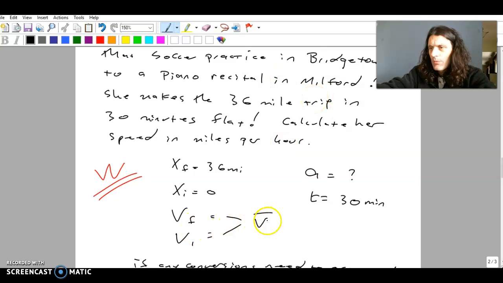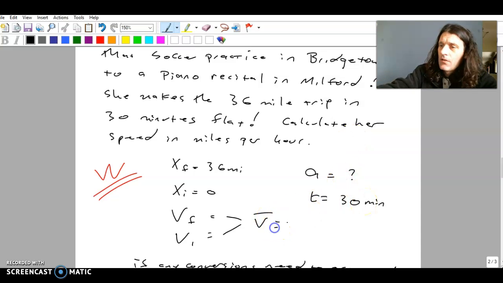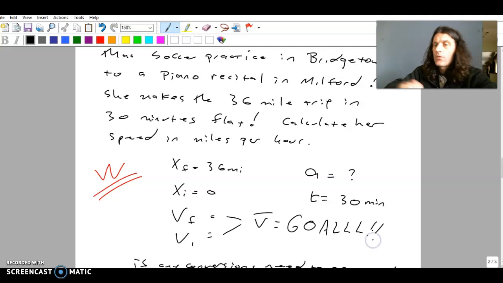So those two come together to form that variable. The acceleration is not given. It's not asked for. It just wants to know her speed in miles per hour, and the time is 30. So that's given. This then is the goal. That's what you're looking for.